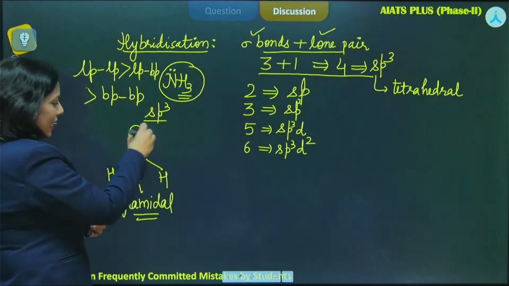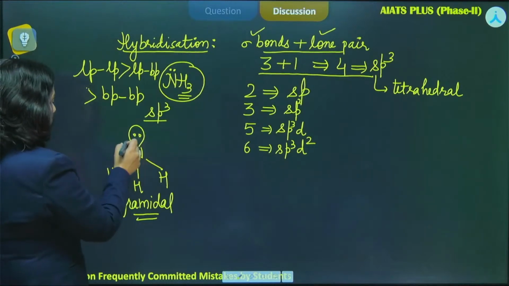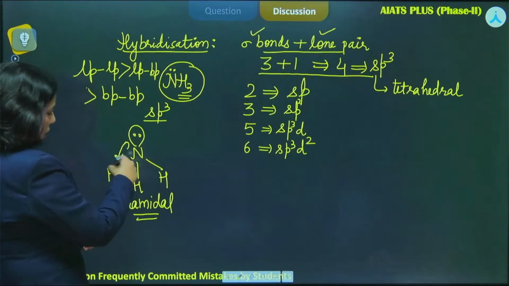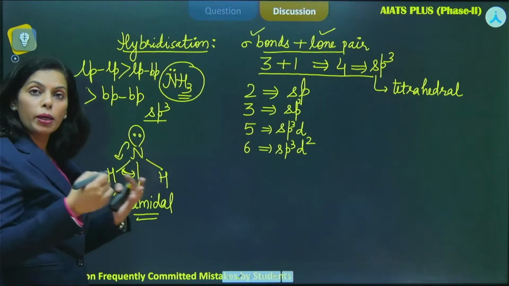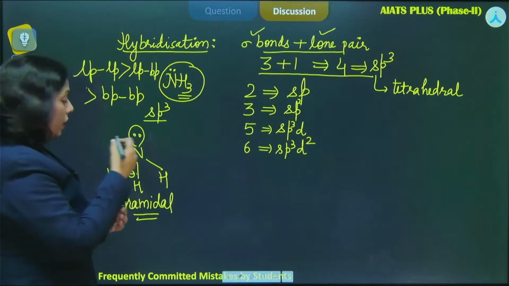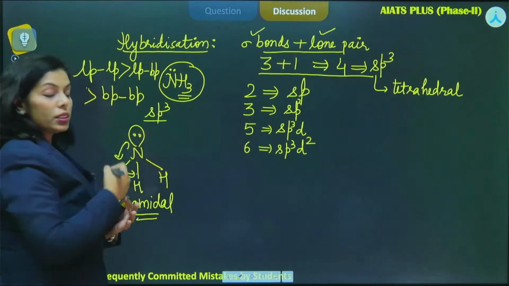So what happens in the case of ammonia? There is a repulsion between the lone pair and bond pair. Here the hydrogen, these sigma bonds are also repelling each other. So bond pair repulsion would be there. Further, bond pair repulsion is here as well.